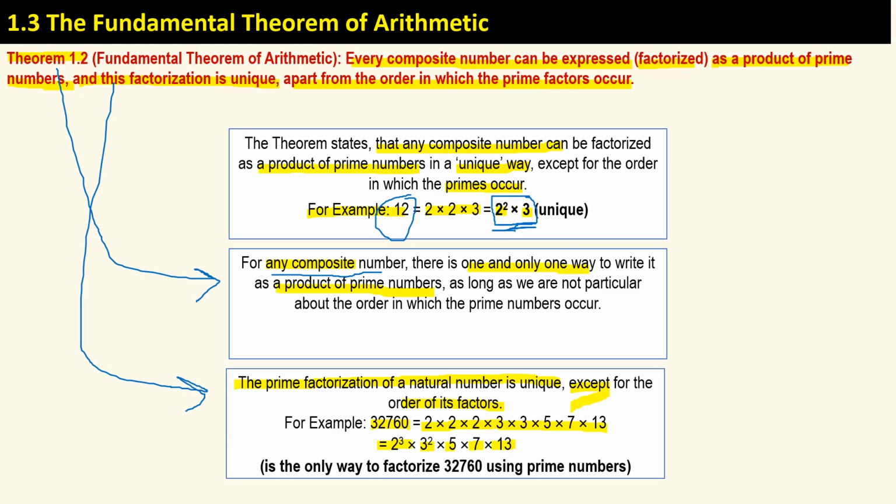And if you see here, 2 is a prime number, 3 is a prime number, 5, 7 and 13 are prime numbers. So we have expressed 32,760 into its prime factors, and this way is always unique. This is the only way to factorize 32,760 using prime numbers.